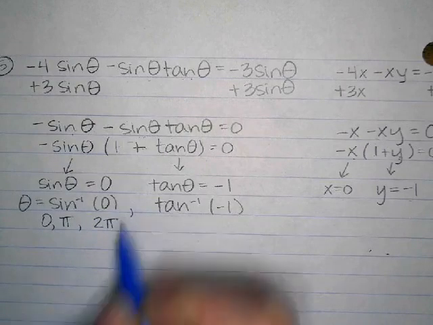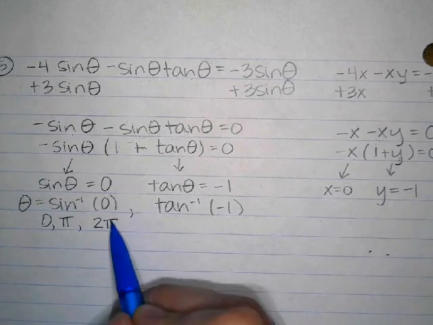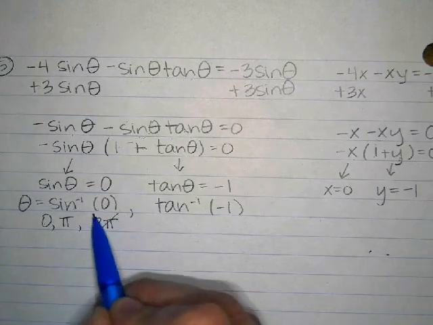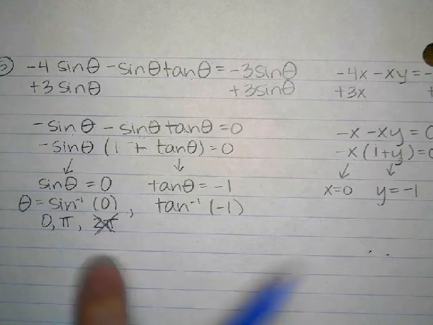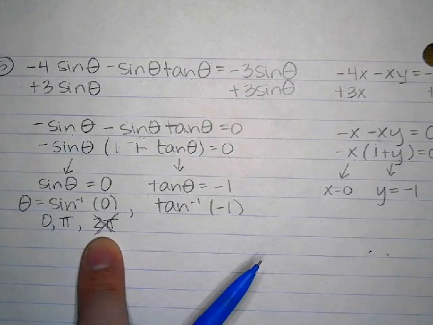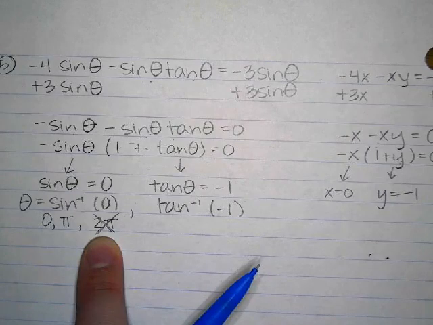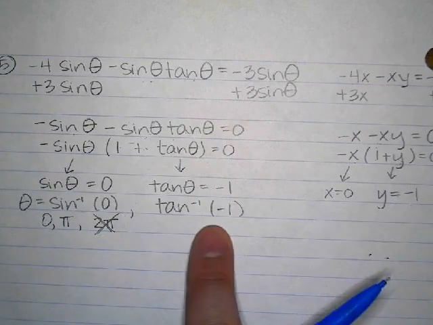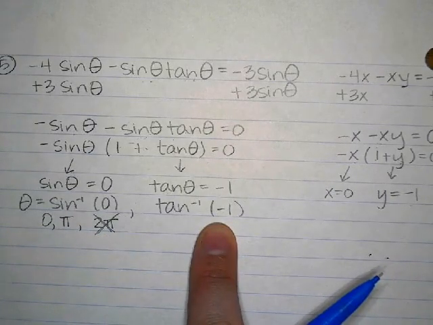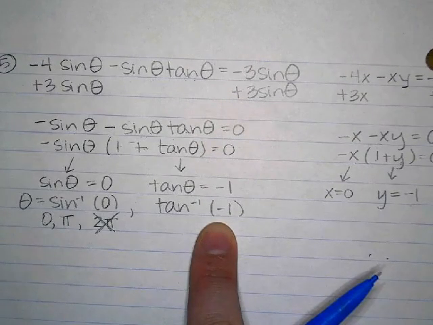They said on the interval use 0 as an answer, but don't use 2 pi as an answer. Okay? Where on the unit circle does the y coordinate divided by the x coordinate simplify to become negative 1? 3 pi fourths and 7 pi fourths. Okay.